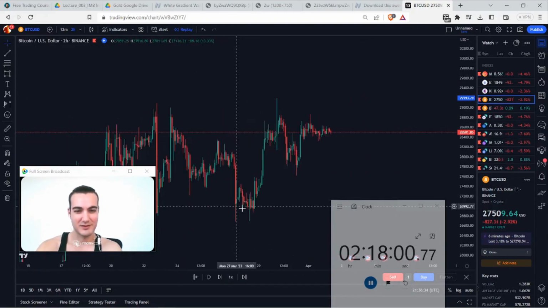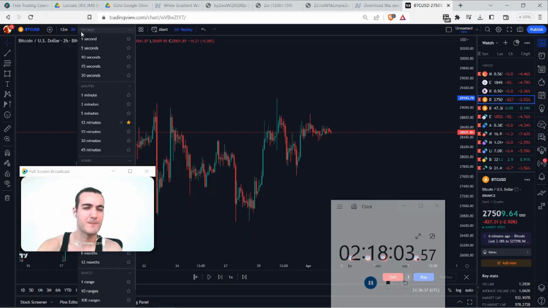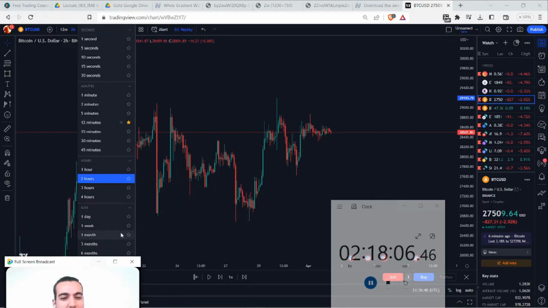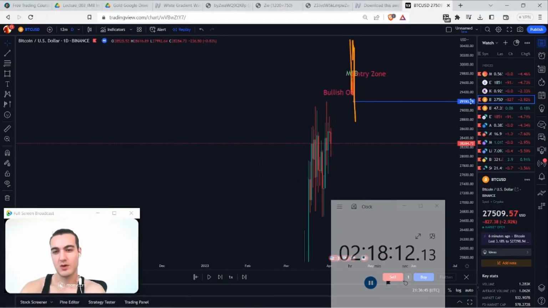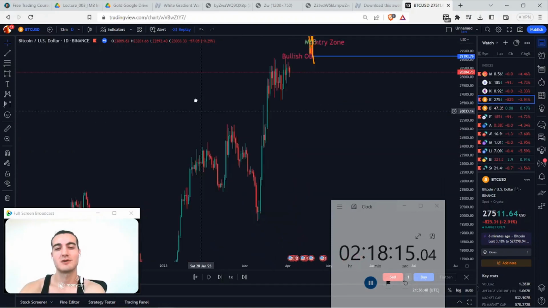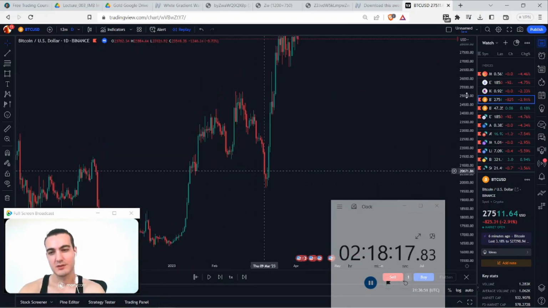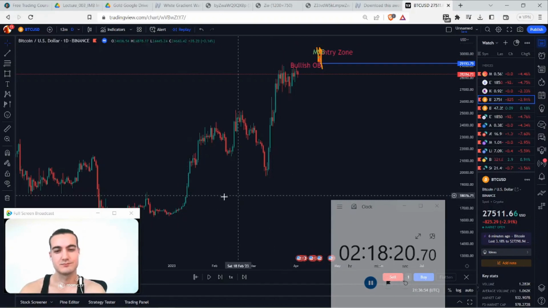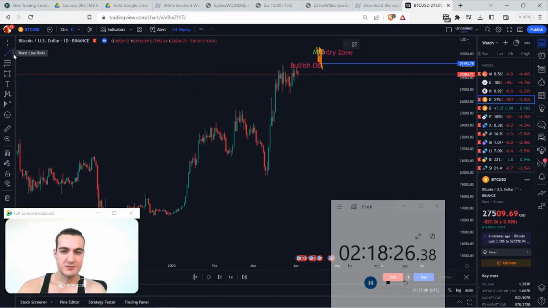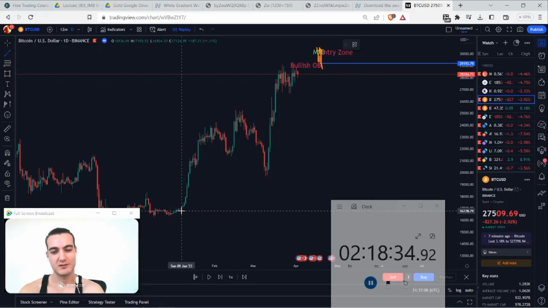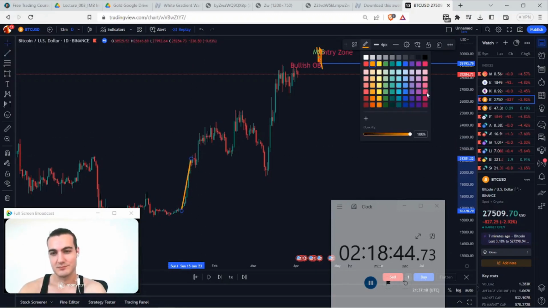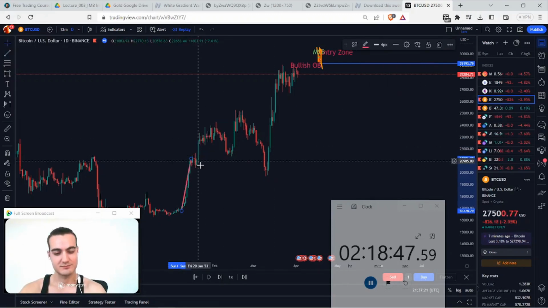So this is the 2-hour. Well, let's look at the daily real quick. Yeah, why not? Whoa! That is incredible. I suppose I should be drawing my trend lines in different colors for different time frames. So we can make these pink for salmon.